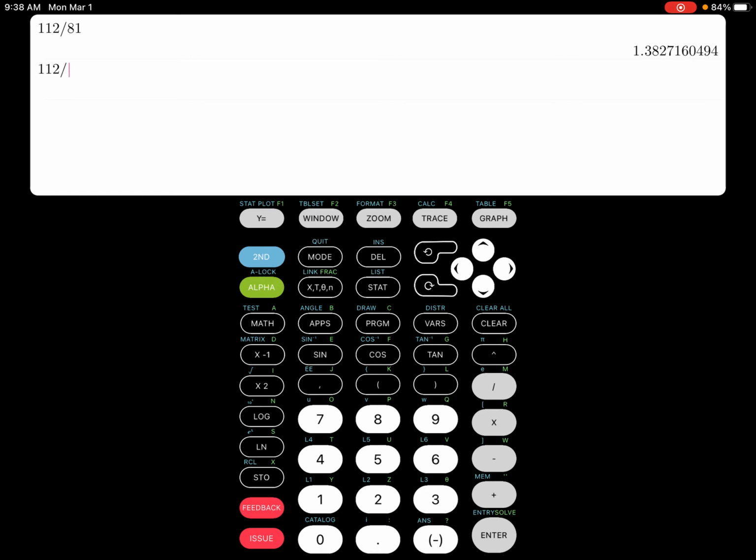So 112 divided by 64. Close, but nope. 112 divided by 49. Nope. 112 divided by 36. Nope. See, I'm going backwards on your list. 112 divided by 25. Nope. 112 divided by 16. There we go.